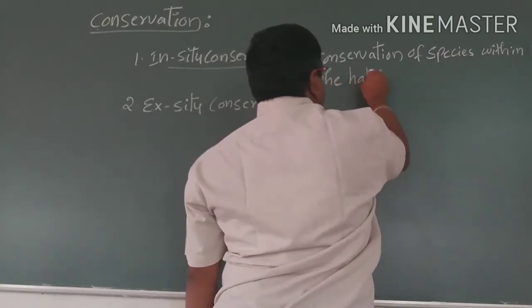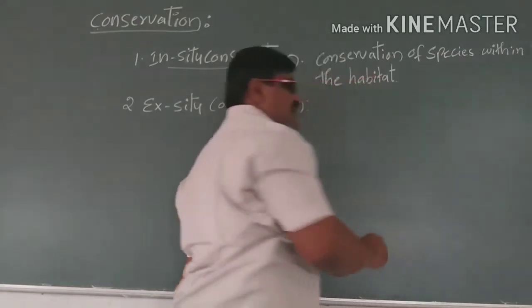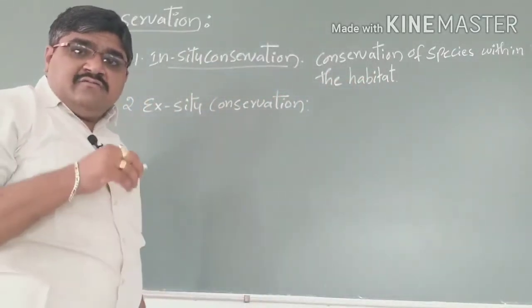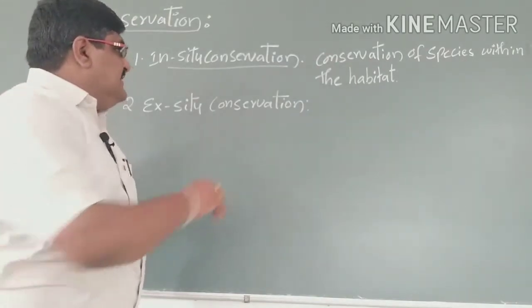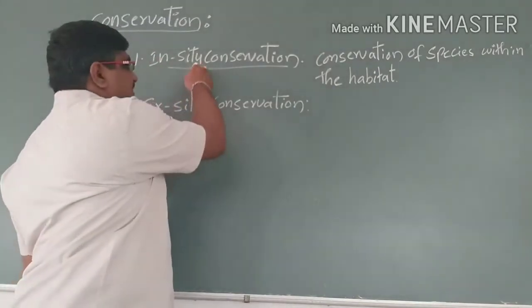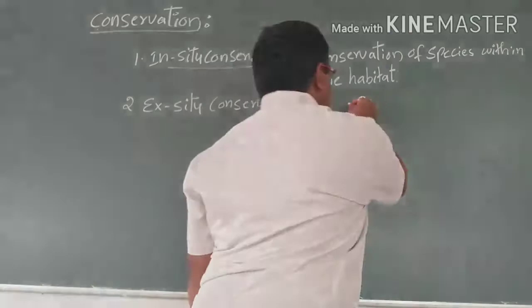What is a habitat? It is the place where they are living. If the species are conserved within the habitat, then we call such conservation in situ conservation.